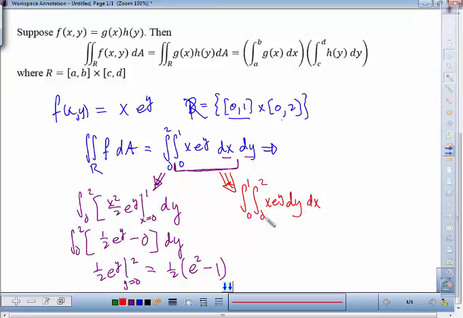If you switch the order of integration by Fubini's theorem, then we should get the same result. Again, I'm not going to do it. We'll just assume that we get the same result.